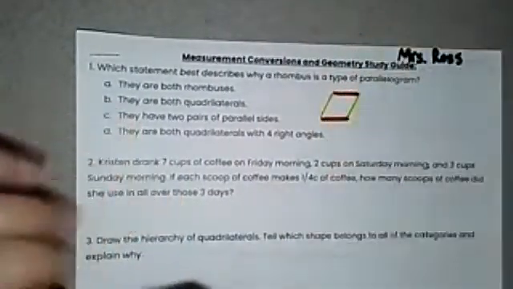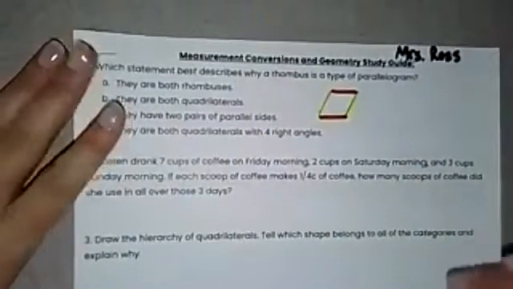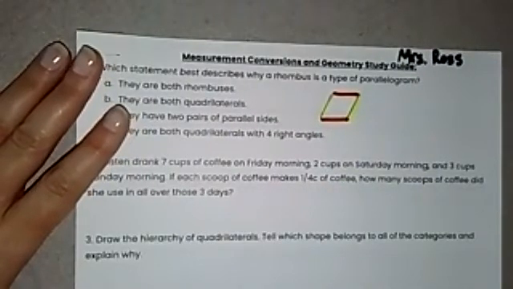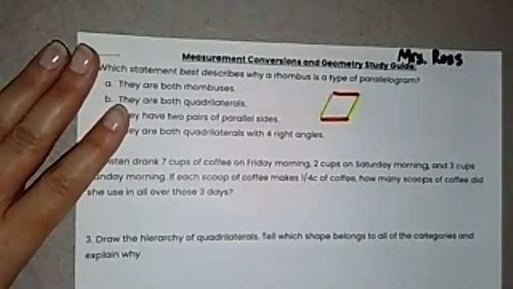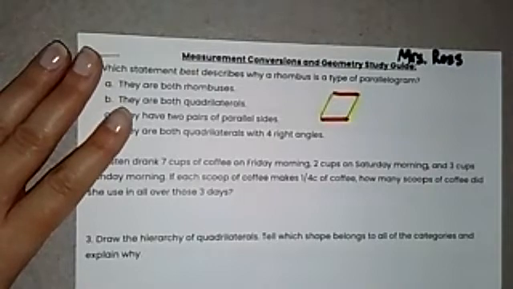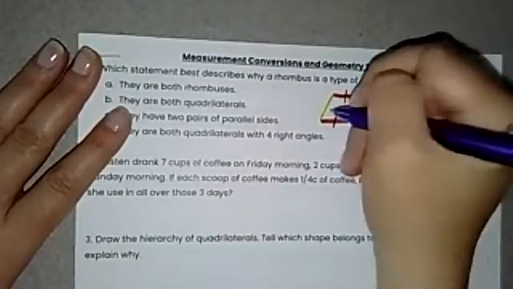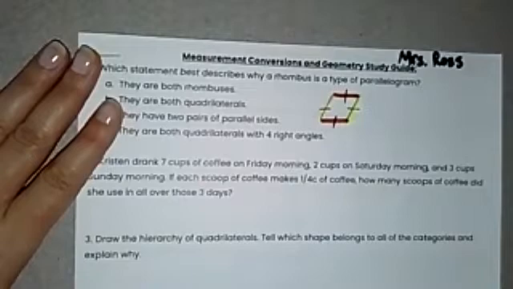What else does a rhombus have to have? Not 4 right angles. It's got to have 4 equal sides. This side and this side and this side and this side are all equal.